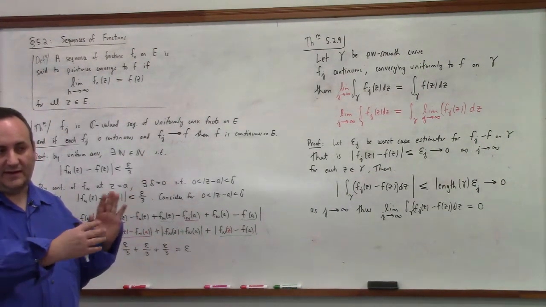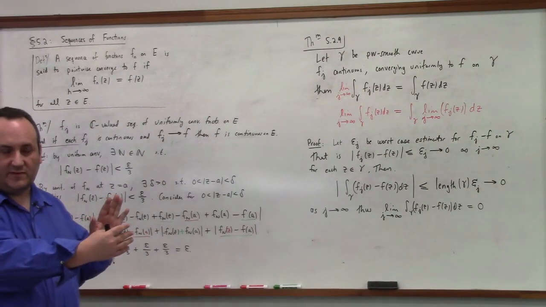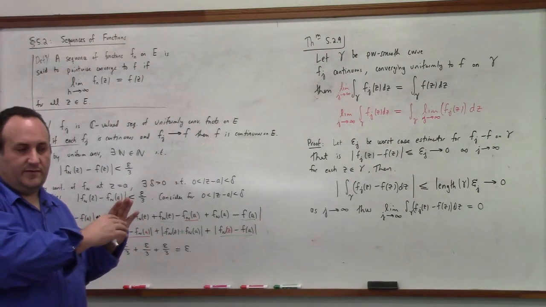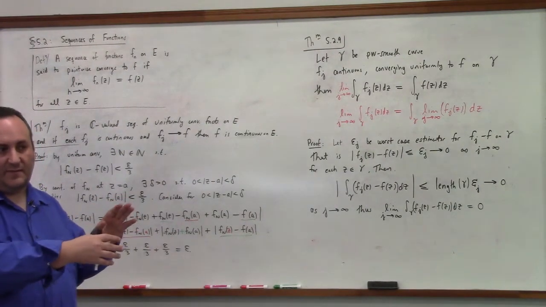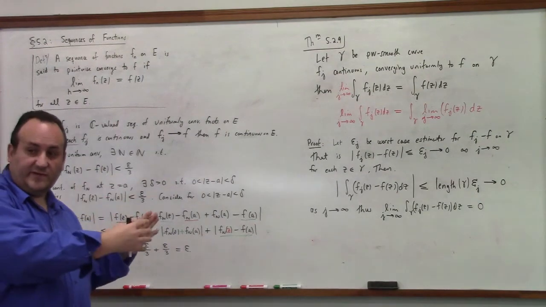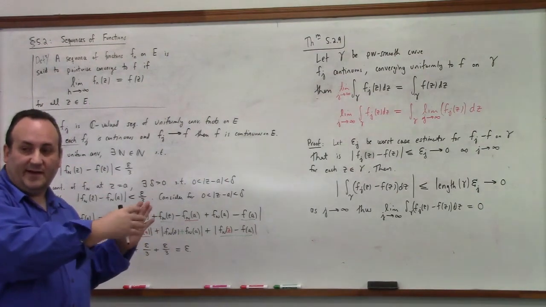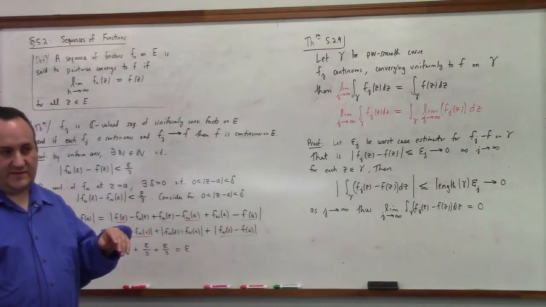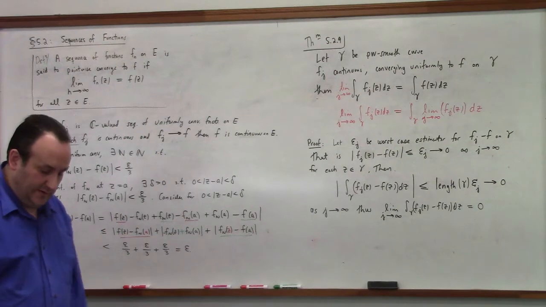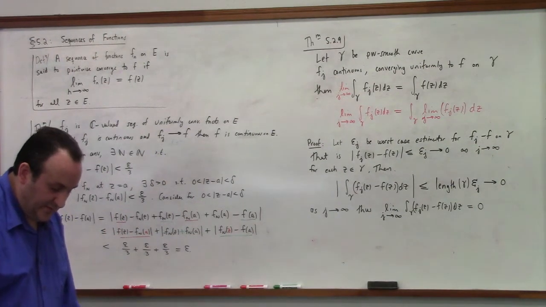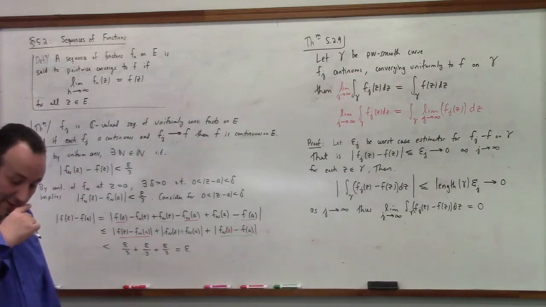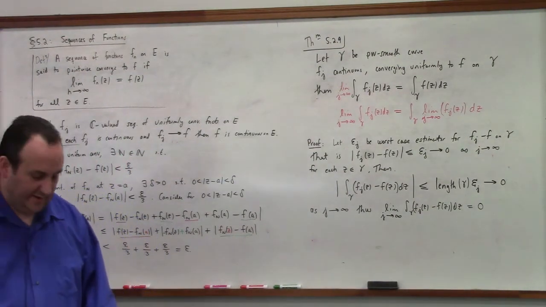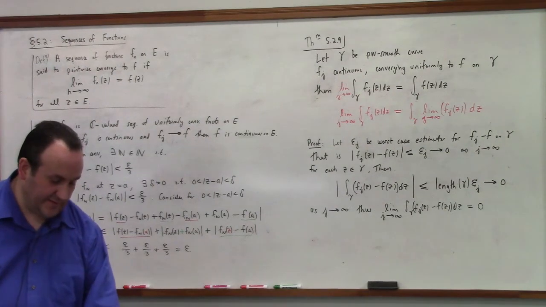If you want to analyze a series of complex functions converging, and you can find a convergent numerical series such that the modulus of the series of functions is always bounded by it, term by term, then Weierstrass's M-test says that series of functions converges, and not just converges, it converges uniformly on E. That's our theorem 5.2.11, the Weierstrass M-test.